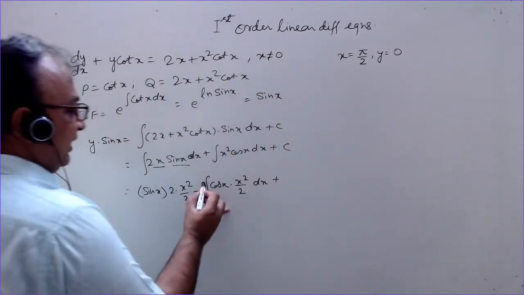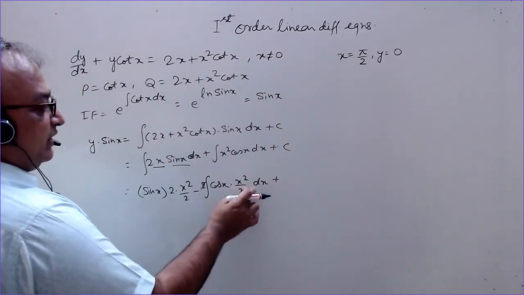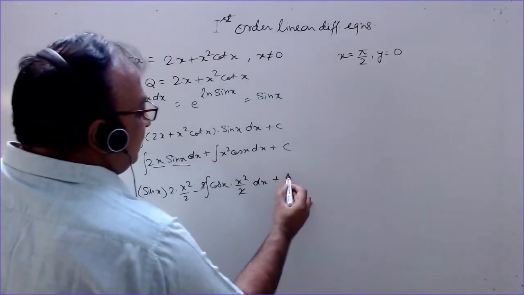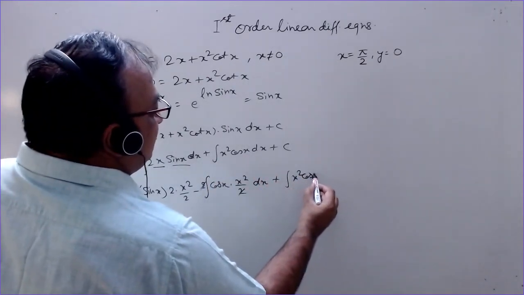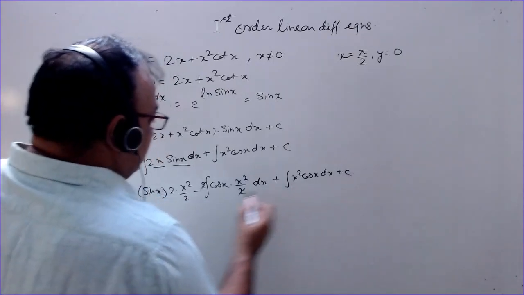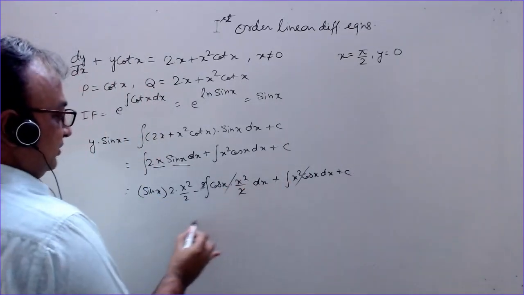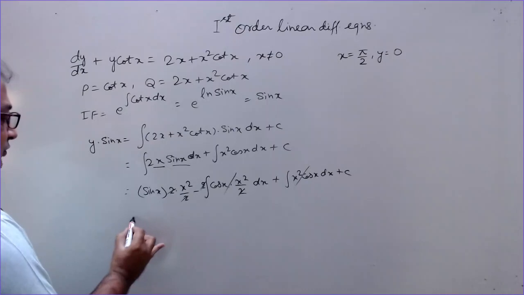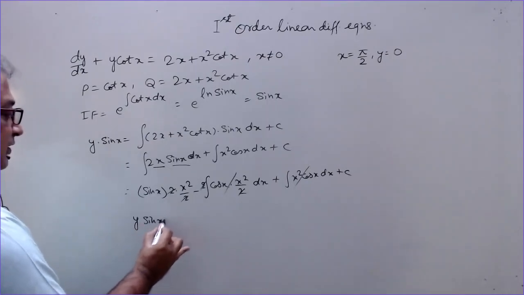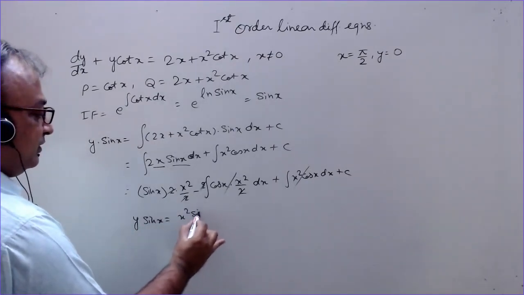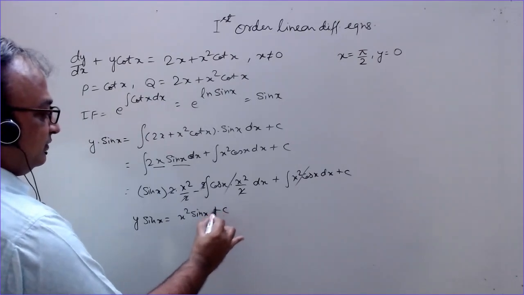So here 2 will be cancelled and you get cos x into x square, so you need not perform the integral, and this will be cancelled. This is with minus sign, this is with plus, so this is cancelled. So y sin x is equal to x square sin x plus c.